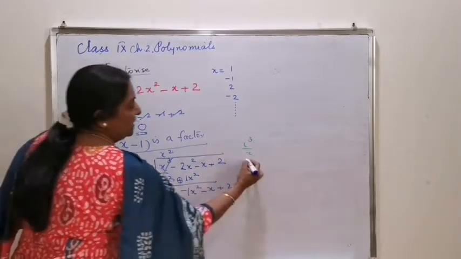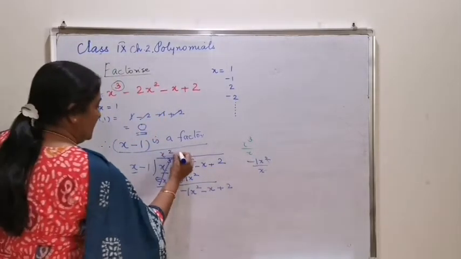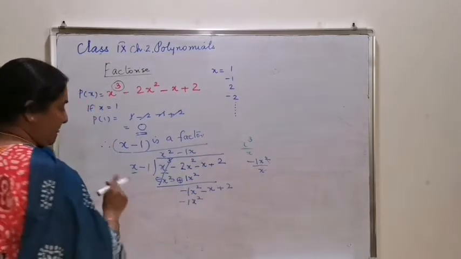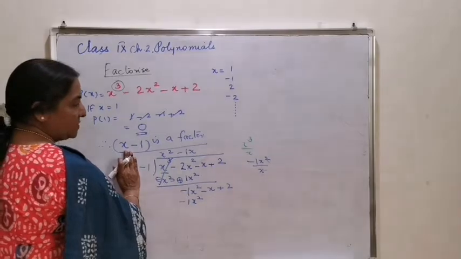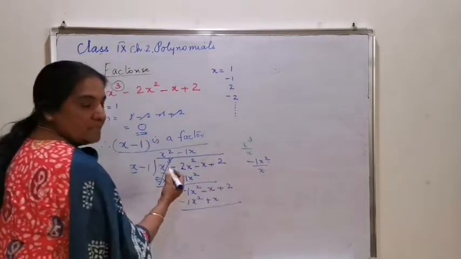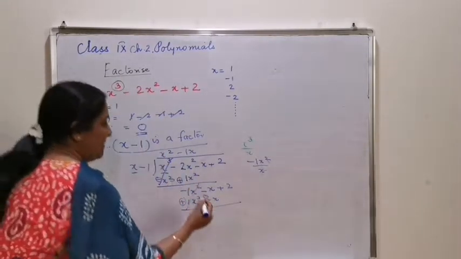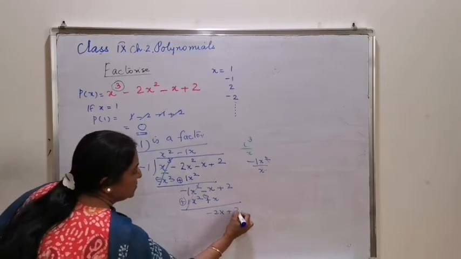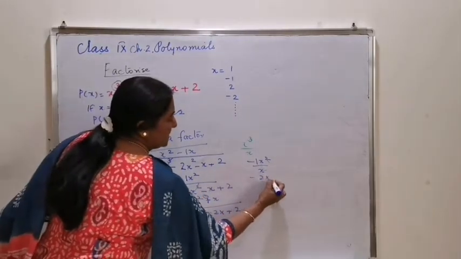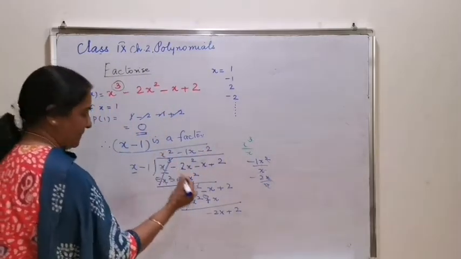Minus 1x square by x is giving you minus 1x. The first term you can write the same. Minus 1 into minus 1x is giving you plus x. Subtracting, you get minus 2x plus 2. Minus 2x divided by x is minus 2.